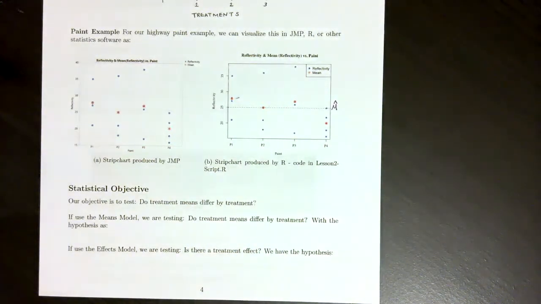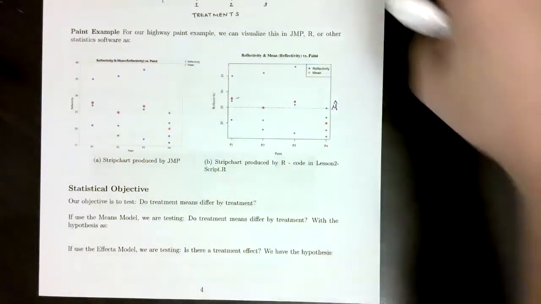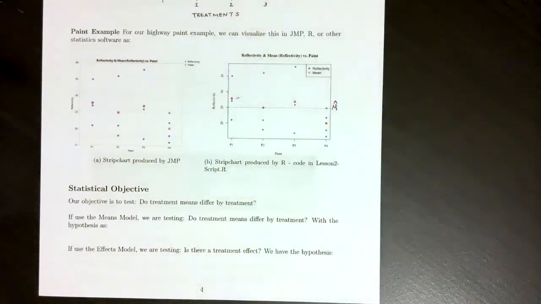So now that we have some notation and some understanding of what's being seen in the estimated model, our goal now and our objective of completely randomized designs is to test whether there's a difference in the treatment means, or there's just a difference in the treatments.